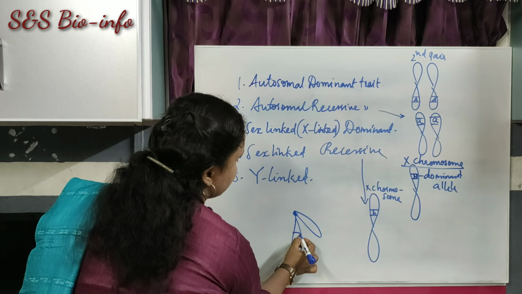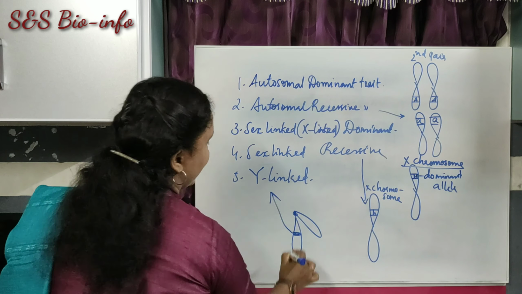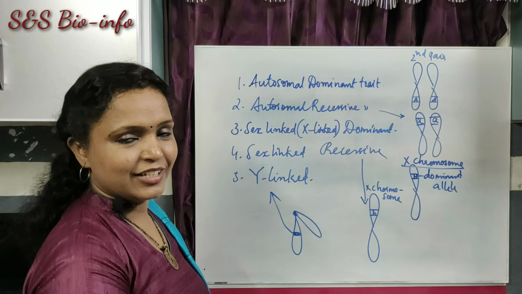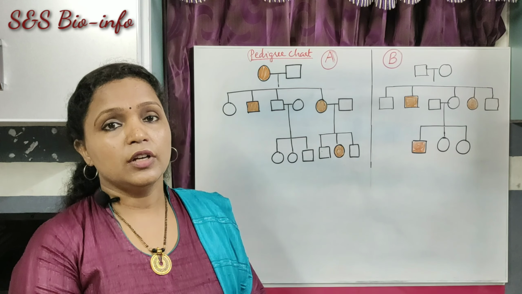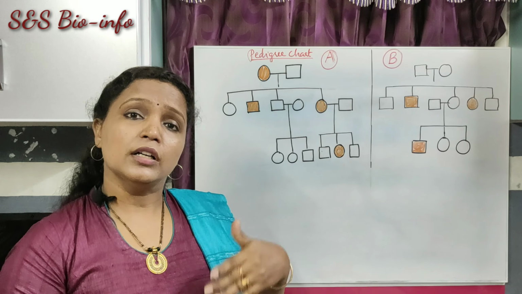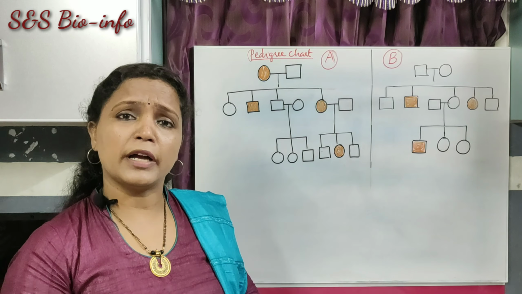If the gene is present here, it causes Y-linked inheritance. So, Y-linked traits means the traits that are controlled by the genes that are present in the Y chromosome. Then I have told you that traits are of different types. So how would you find out the pattern of inheritance? By observing pedigree charts like this.